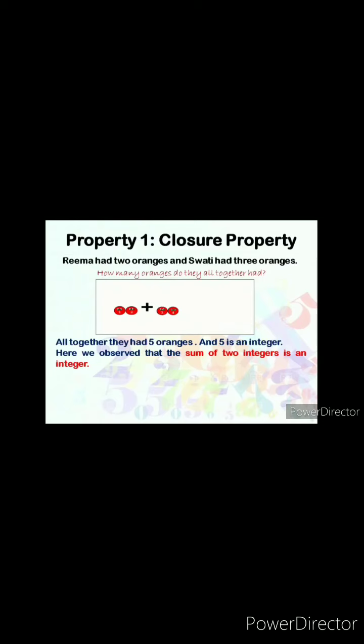So we observed that the sum of 2 integers is an integer. Let us have some more examples. If I find the sum of 15 and minus 4, it is 11. 15 and minus 4 are both integers, and the sum is also an integer. 5 and 9 are both integers, and their sum is also an integer.